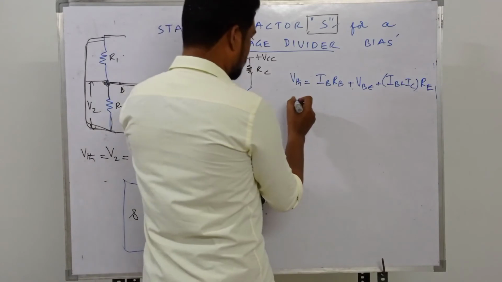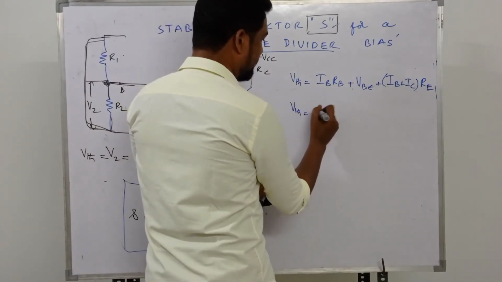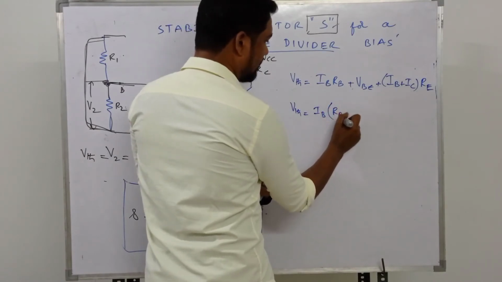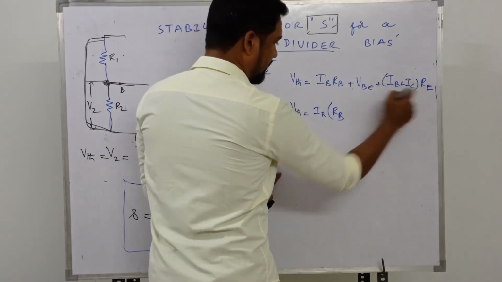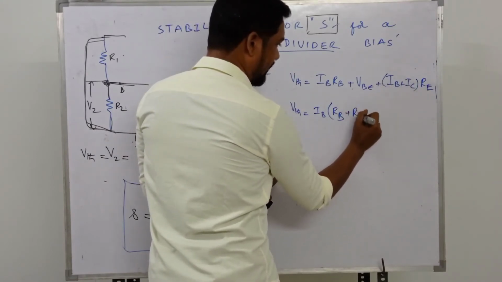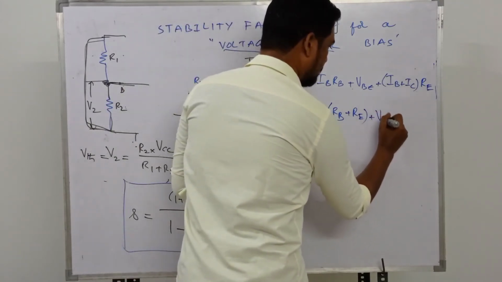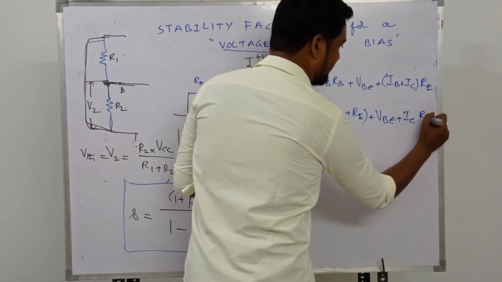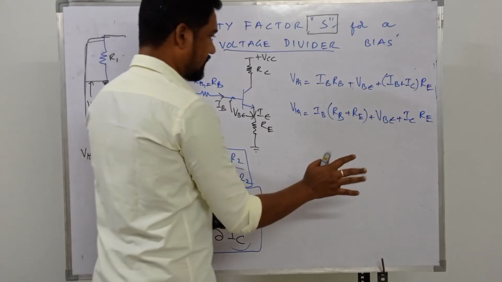So for that reason, VTH will be equal to IB into RB plus IB into RE from that term. Okay, so plus VBE plus IC into RE. Hope this is clear, right?